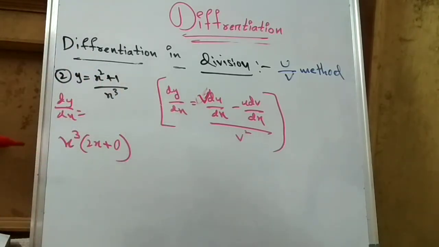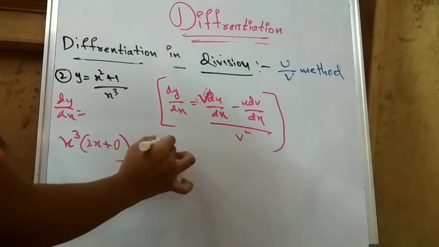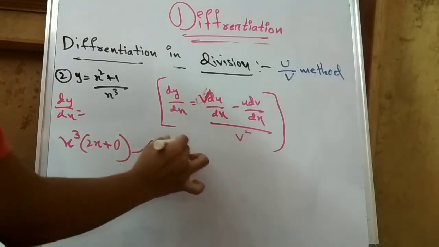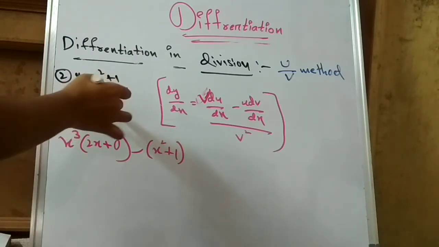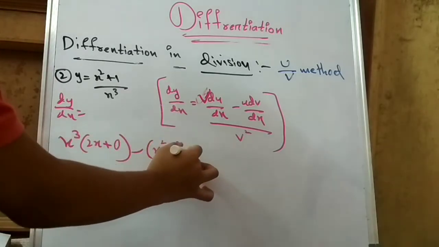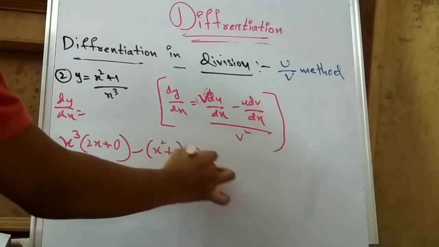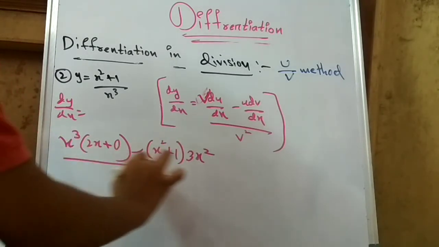Minus. Now u means x square plus 1. Now v is x cube. X cube means 3 will come down, x to the power of 3 minus 1, 2, by v square.